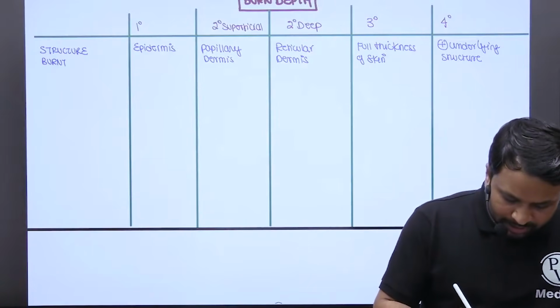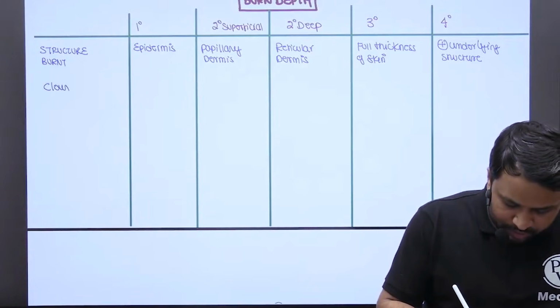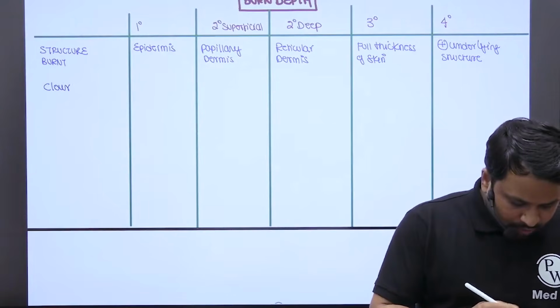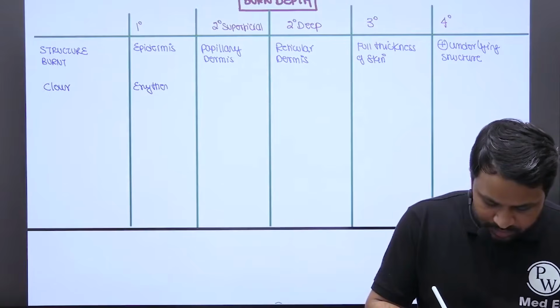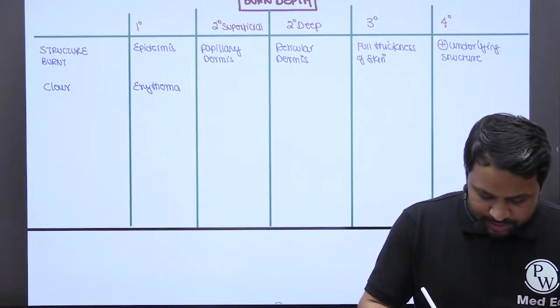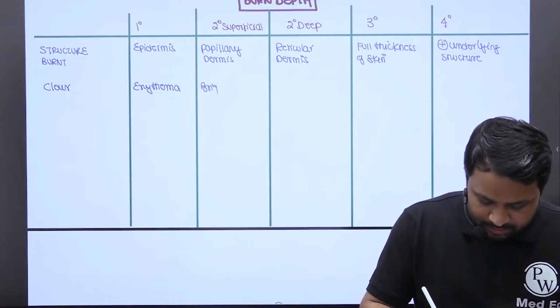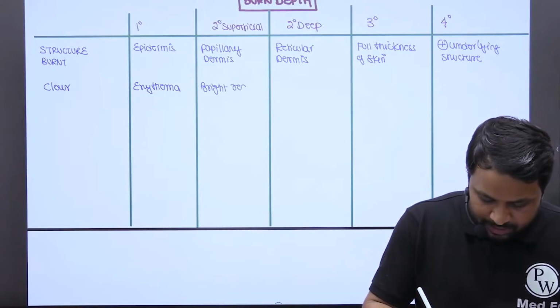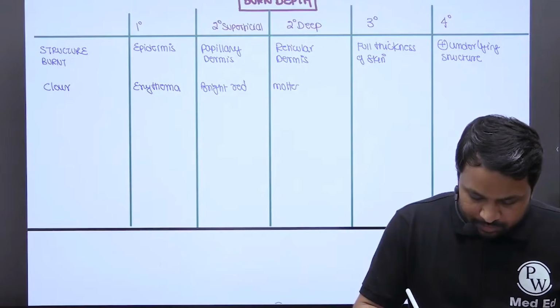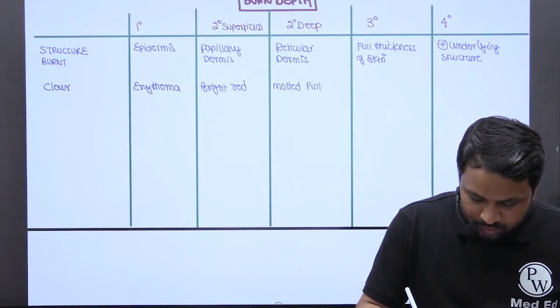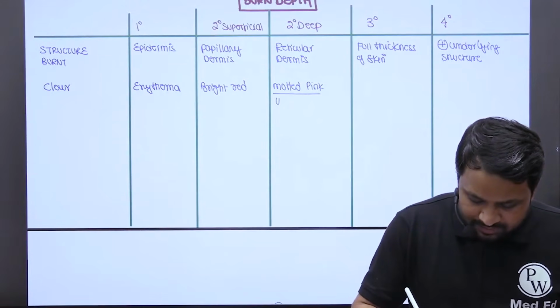Now, when you look at the color of each of these burns, there will be presence of erythema in first degree. Second degree superficial is going to be bright red. Second degree deep is going to be mottled pink, or you can also have waxy white.